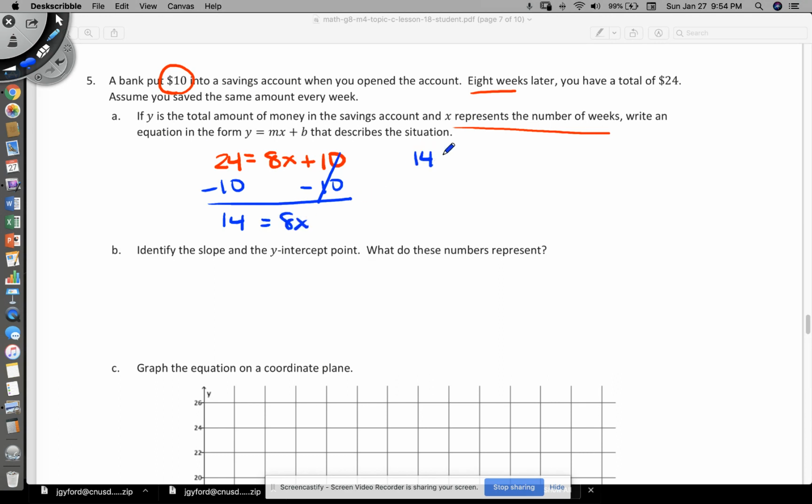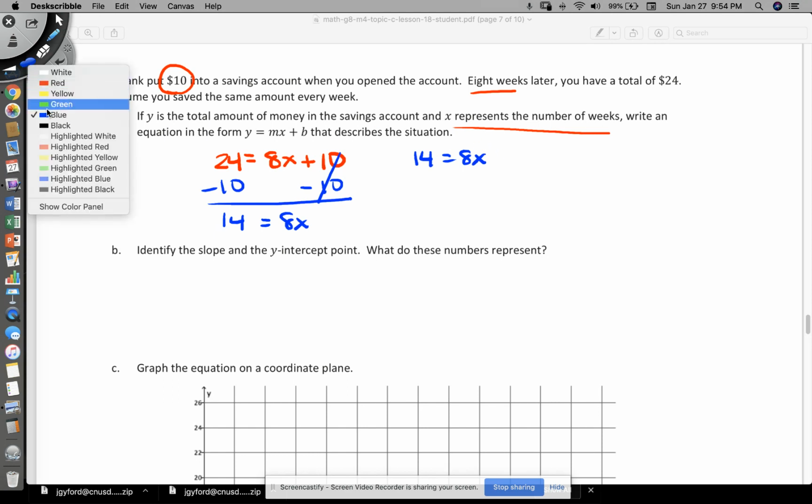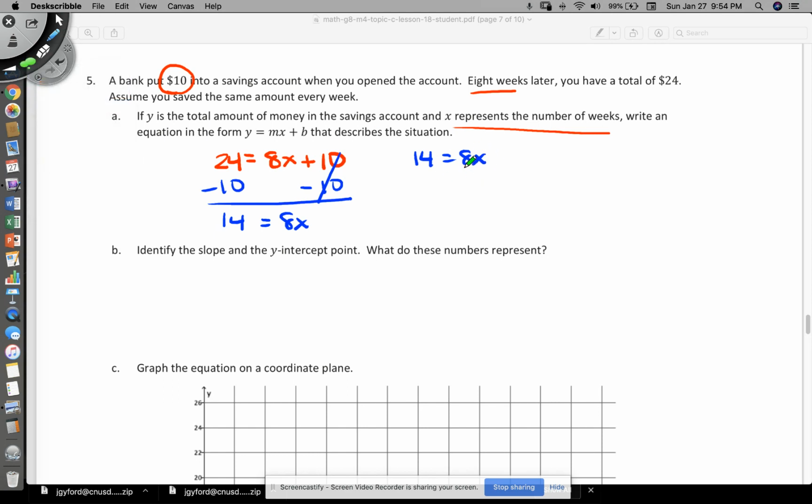I'm going to move that over here. Again, we're looking for what x equals. So now I need to divide out that 8. So I'm going to swoop that 8 underneath this 14 and divide that out. Now, if I divide it, I'm going to get a decimal or a fraction, and I don't want that. So I'm just going to go ahead and reduce this since it's sort of a ratio type problem because it's every week, a certain amount of money.